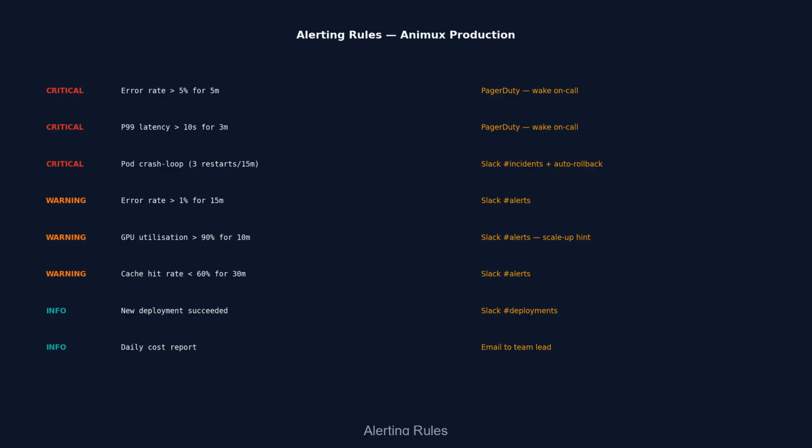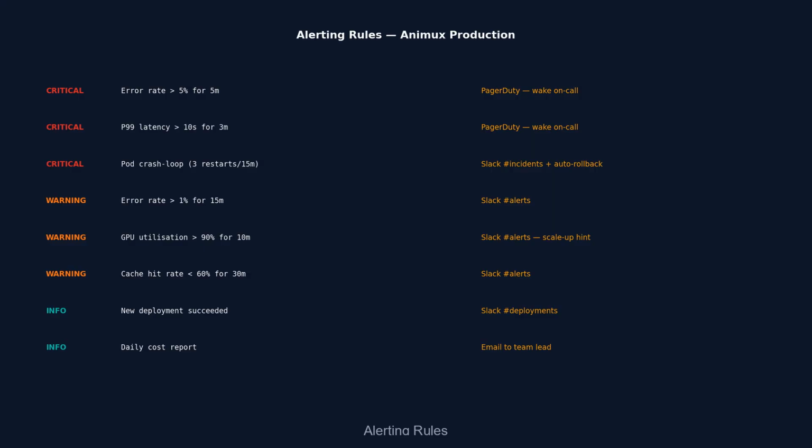Warning alerts indicate degradation that isn't yet user visible, but will be soon if left unaddressed. An error rate above 1% for 15 minutes, or GPU utilization above 90% for 10 minutes, warrants investigation during business hours. These go to Slack so the team has visibility without being interrupted outside working hours.